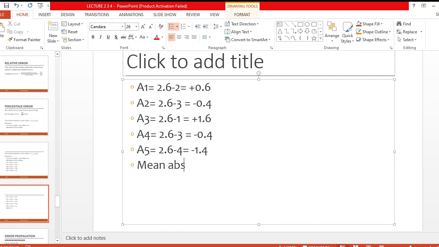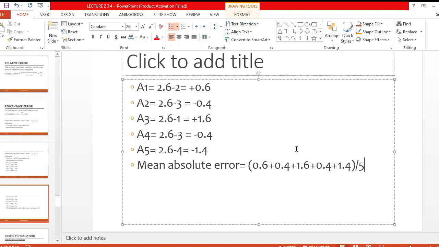So mean absolute error will be all these absolute errors: 0.6 plus 0.4 plus 1.6 plus 0.4 plus 1.4. All these numbers divided by the number of entries, which is 1, 2, 3, 4, 5. So you don't regard the sign. You take all numbers as positive when you are finding the mean absolute error.